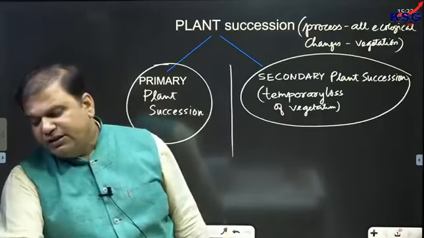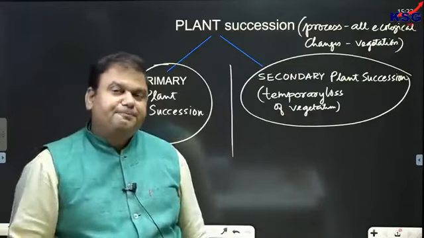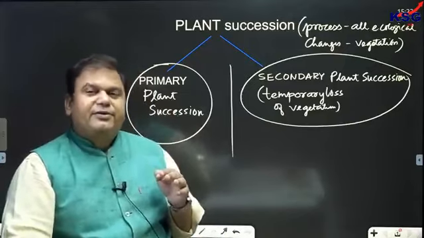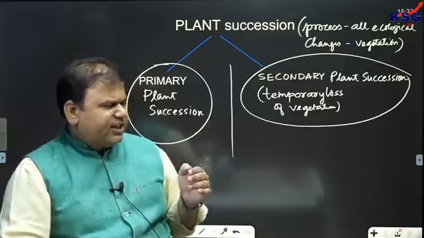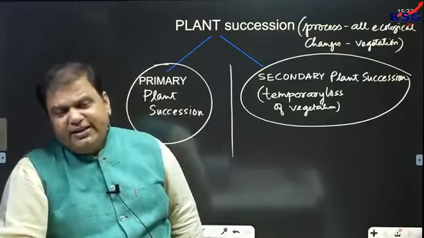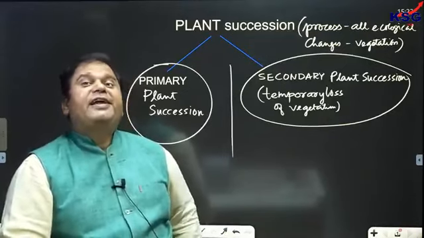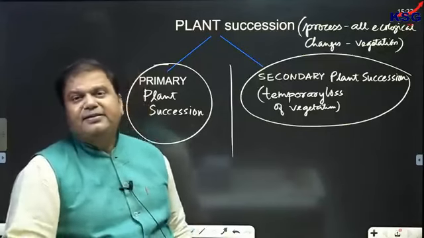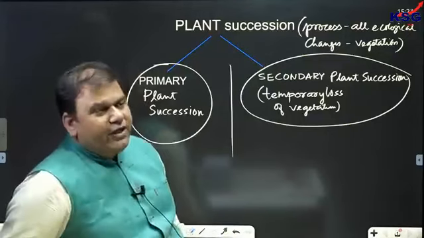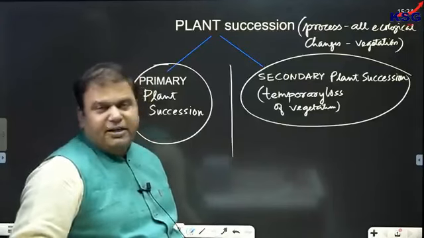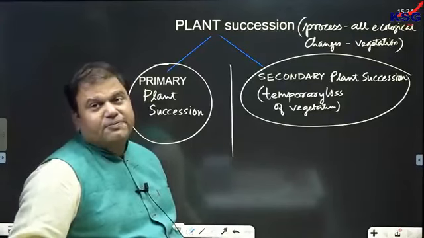The phase-wise or sequential manner through which vegetation is getting established is referred to as sere. And there are three phases under sere: phase of climax plants, phase of pioneer plants, and phase of opportunist plants.